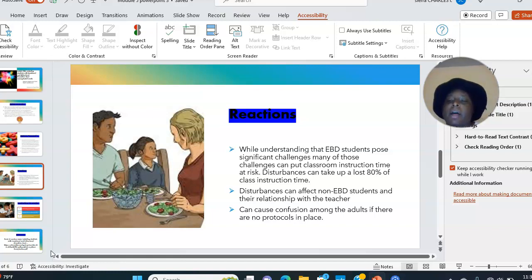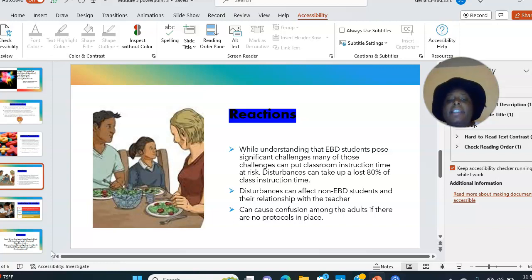And it talks about that in the study, that they may not be completely aware that the non-EBD child is basically walking on eggshells, may not speak out or raise their hand because they're in fear that they may trigger that particular child, and they may get in trouble.